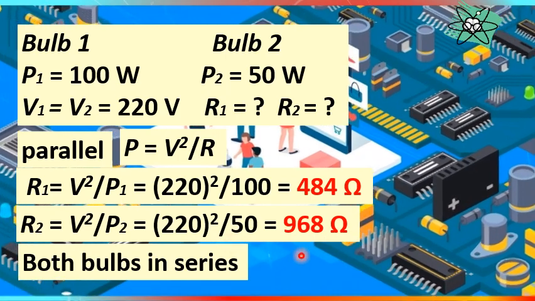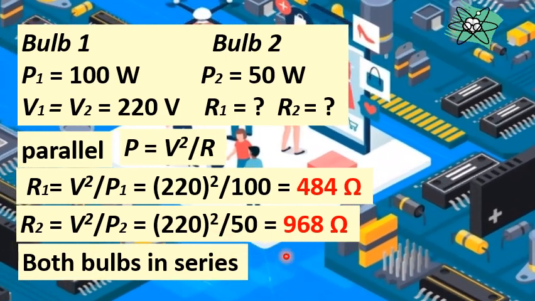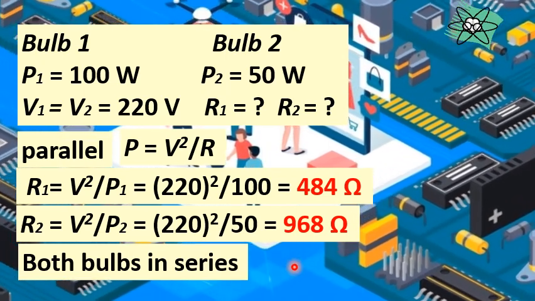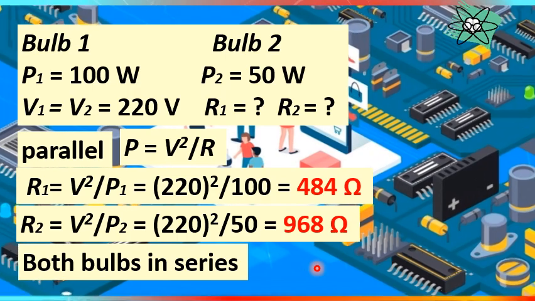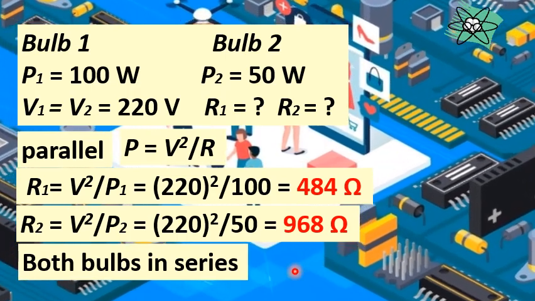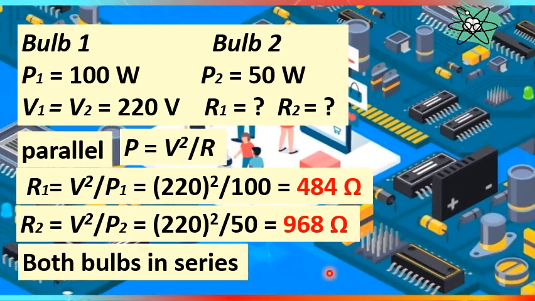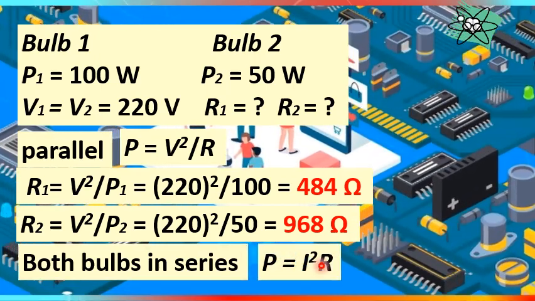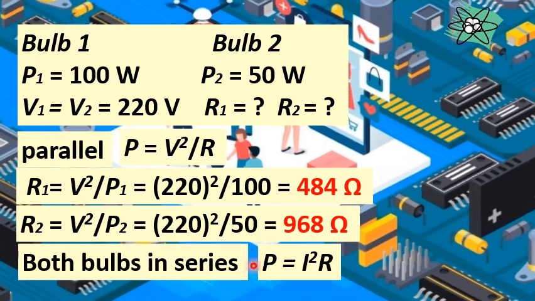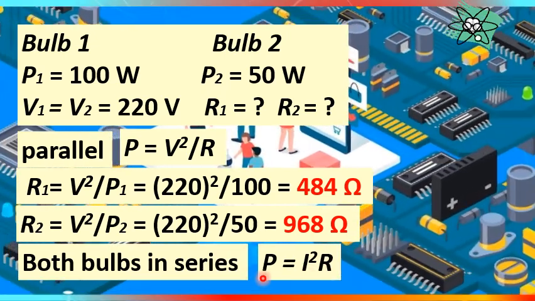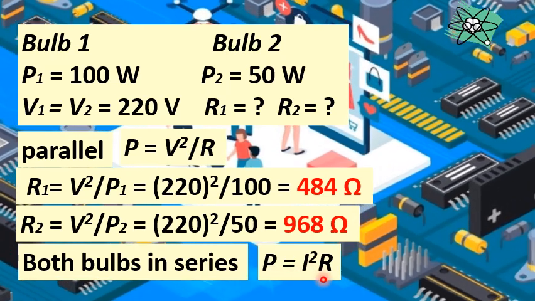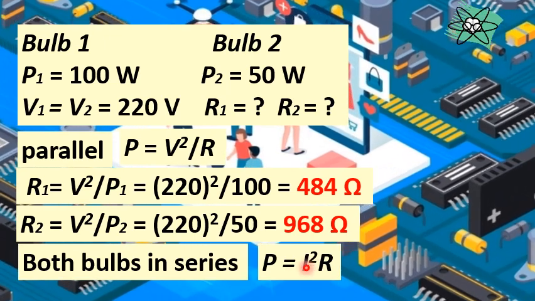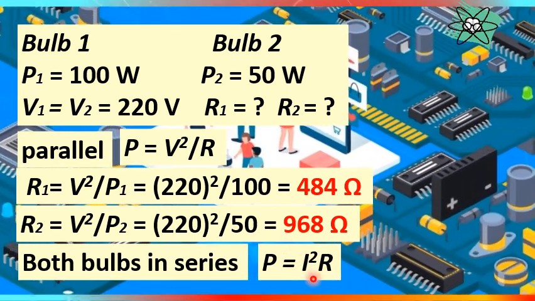As emphasized in the question, when these two bulbs are connected in series to each other, across the main voltage outlet, since they are in series, we use the formula P is equal to I squared times R, where the current passing through each of these bulbs is constant.